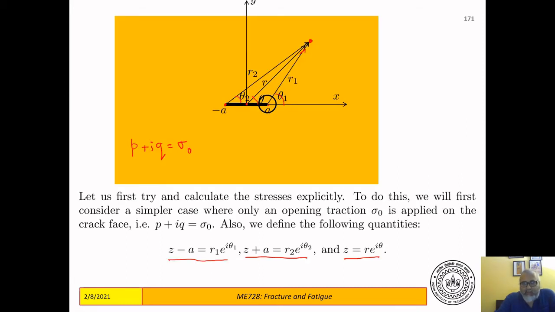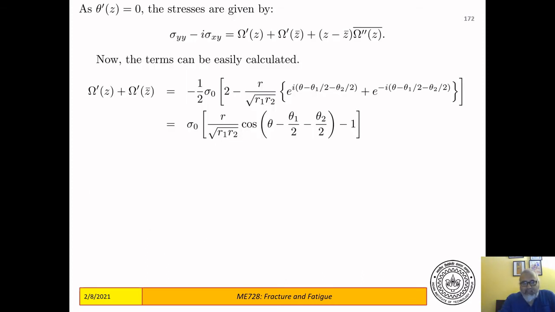Okay, so this is the exercise that we are going to do. We can look at the terms one by one. Our idea is to find sigma xx, sigma xy, and sigma yy everywhere in the domain, and that we can do. First, let us start with sigma yy minus i sigma xy. We have seen that theta prime z is equal to 0.